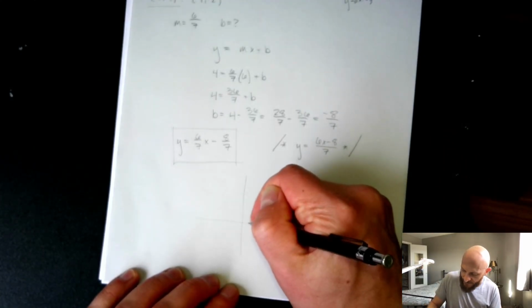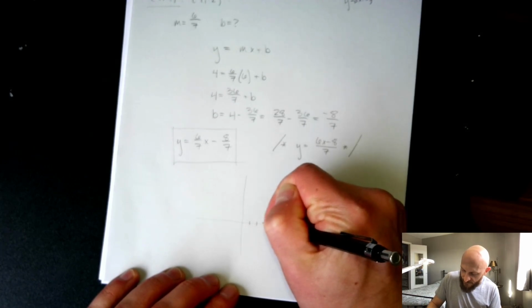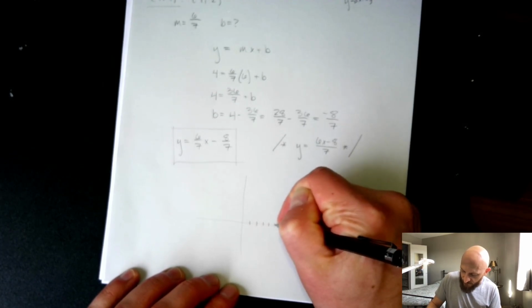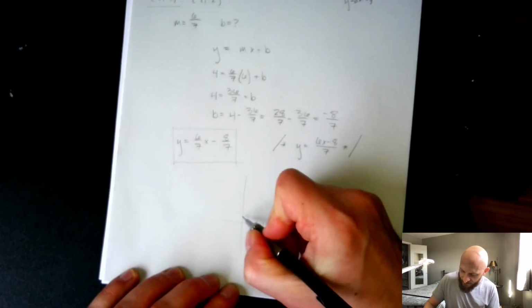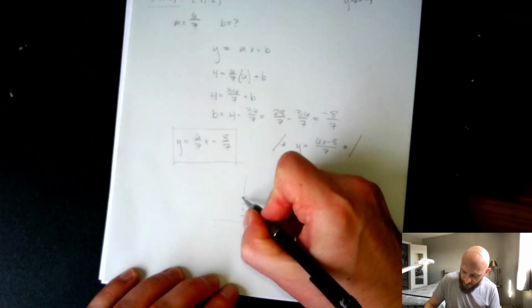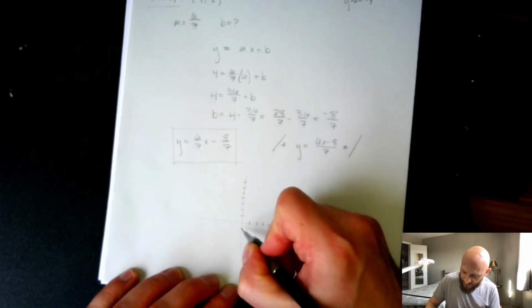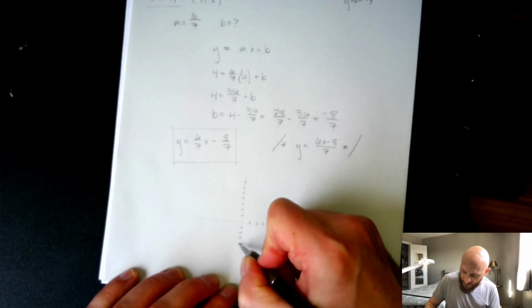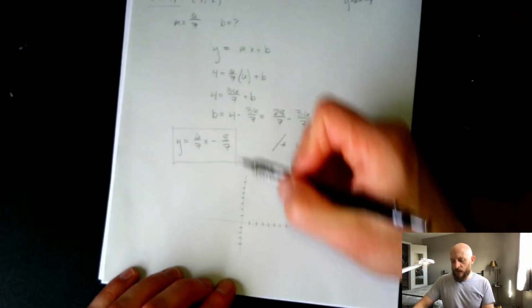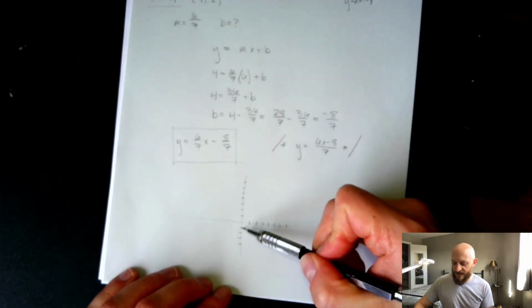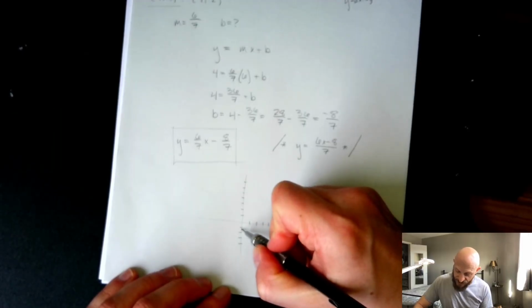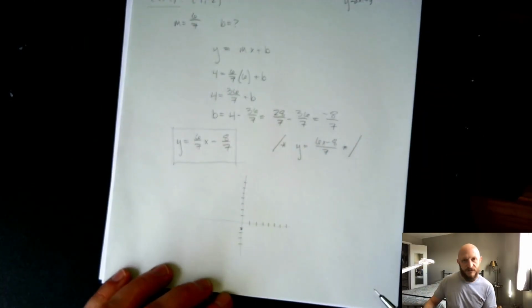I'll go 1, 2, 3, 4, 5, 6, 7. Okay, so negative 8/7, that's negative 1 and 1/7, so it's just below this negative 1. My graph is not even large enough for the precision.